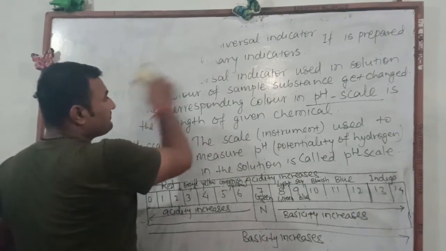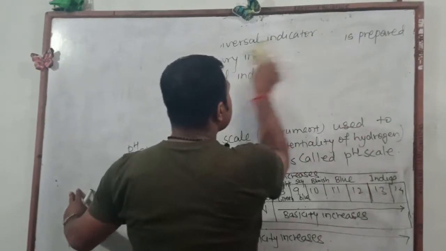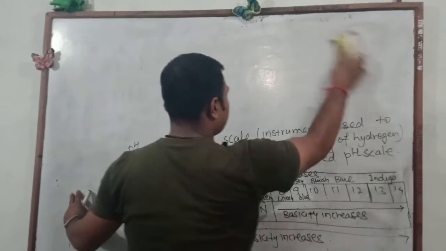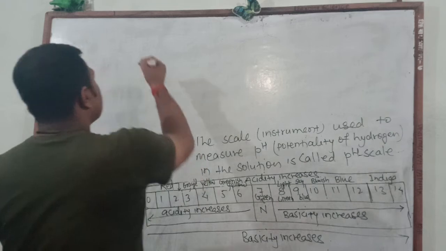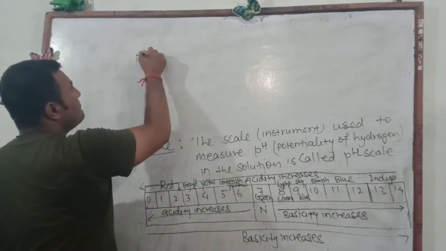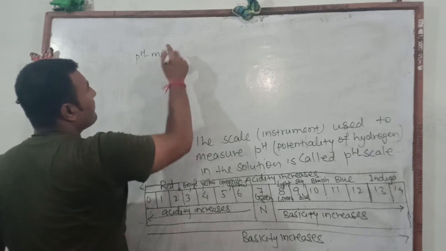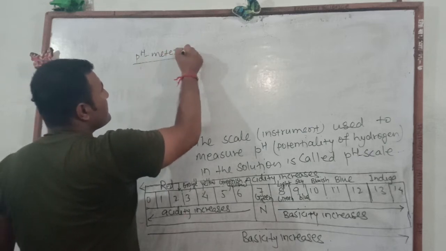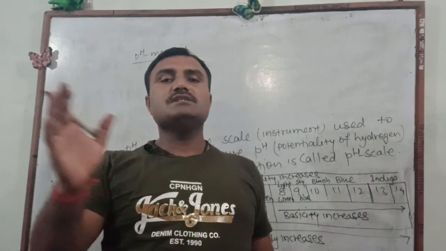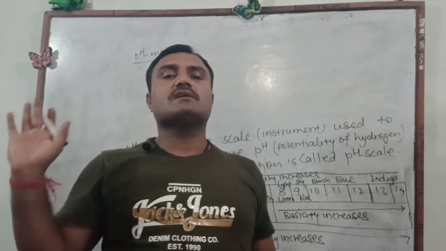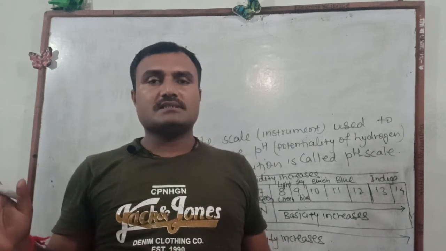After that, another instrument used to measure the strength of a chemical substance is the pH meter. The pH meter is also a device used to measure acidity or basicity of a chemical substance or pH value of a chemical substance.